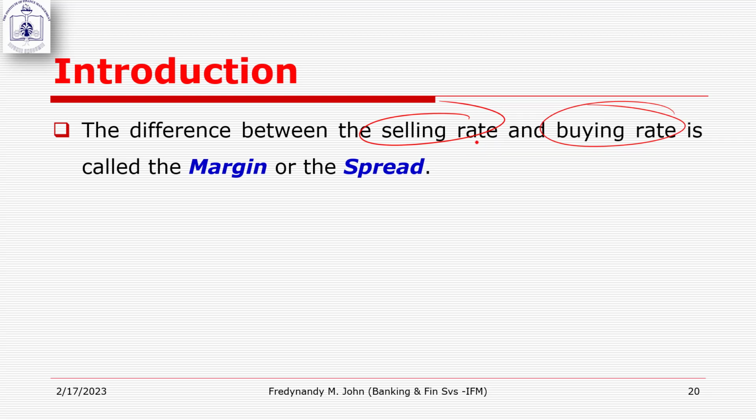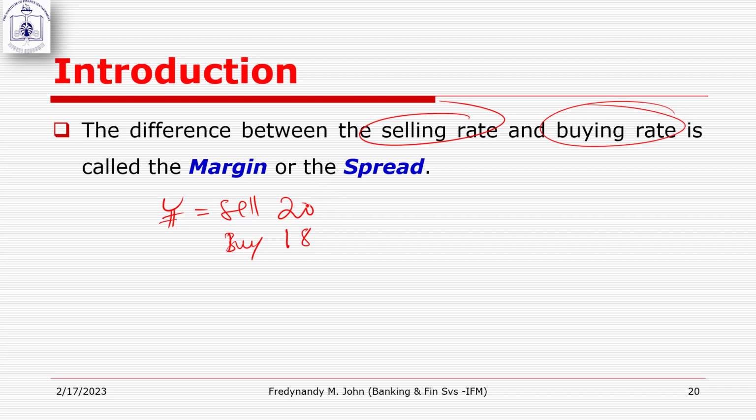For example, if a dealer is willing to sell 1 unit of Japanese yen at 20 and buys 1 unit of Japanese yen at 18 Tanzanian shillings, what is the spread between these two?